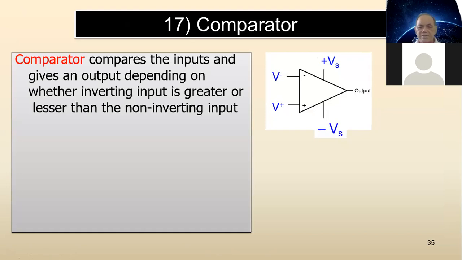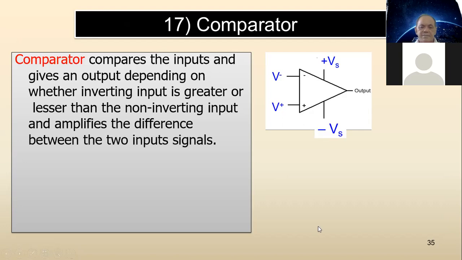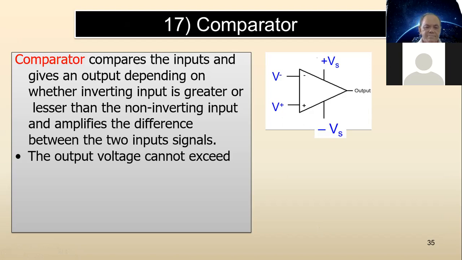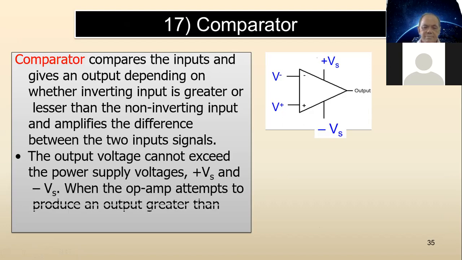If the non-inverting, the positive terminal, is greater, that is amplified. So straight away it will give you Vs. And remember, the amplified output cannot exceed the supply voltage. It stays at the supply voltage, that's why we call it saturate.